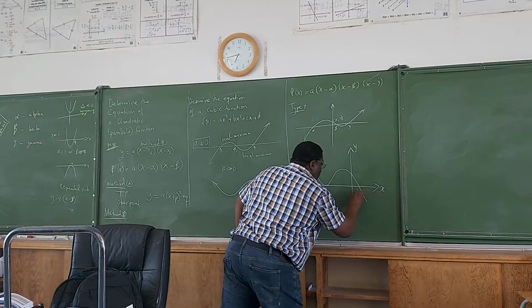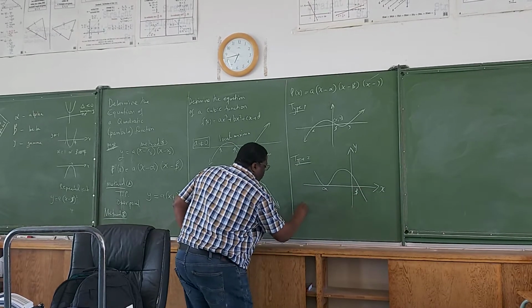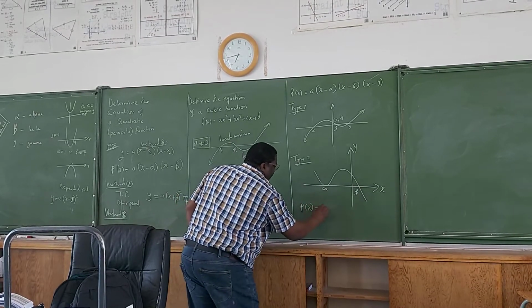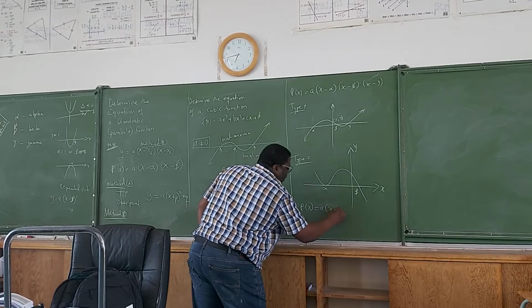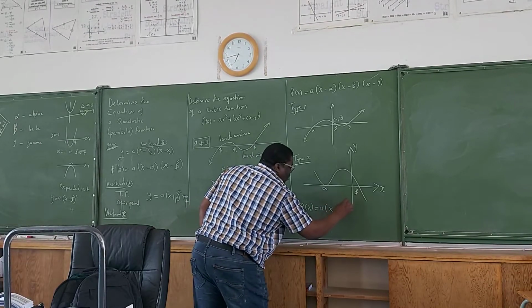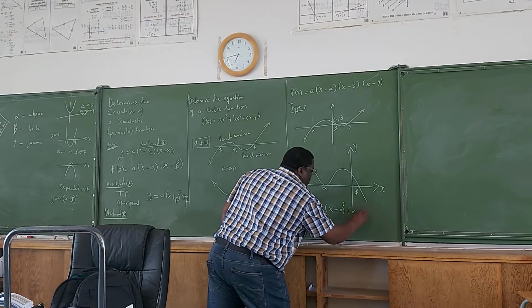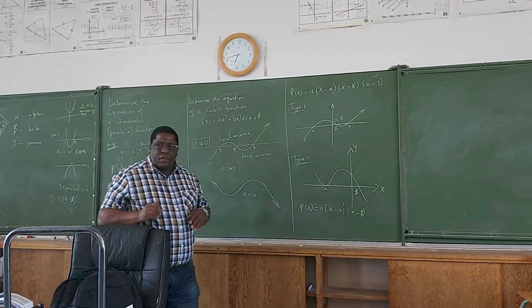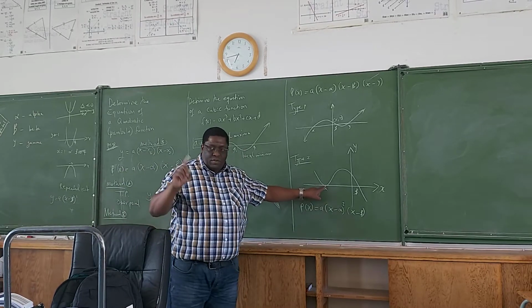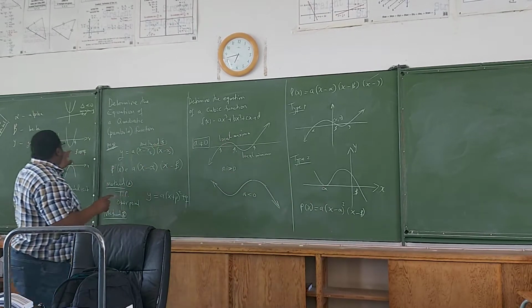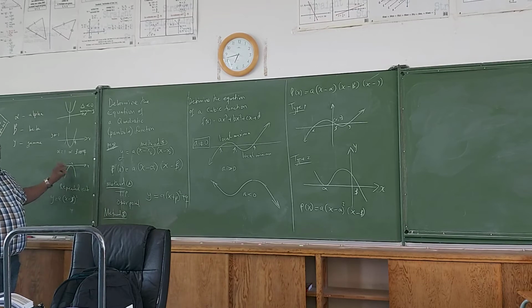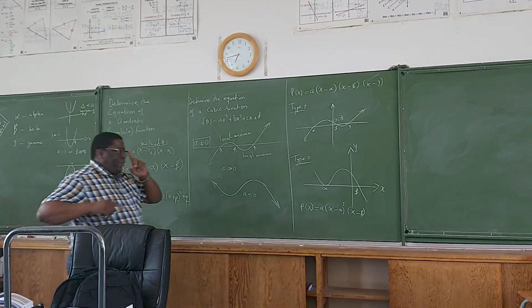And here you have got b. So the polynomial is a times x minus alpha all squared, you follow? And then obviously the other one will be x minus b. So it's like it's touching. Remember, it's similar to when you have something like this, it's touching, like a repeated root. You follow?